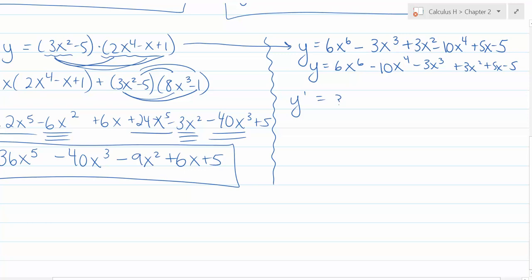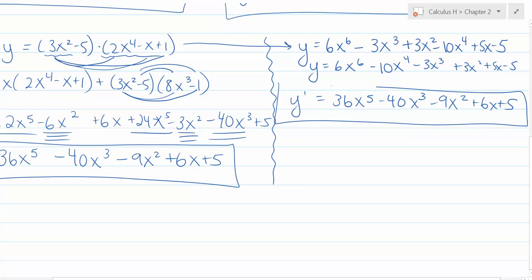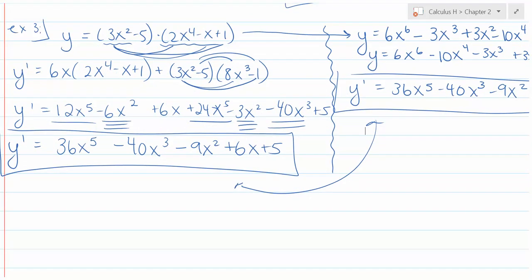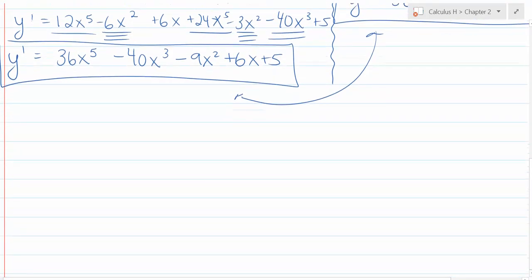All right, my derivative would be 36x to the fifth, minus 40x cubed, minus 9x squared plus 6x plus 5. Notice that it matches with our other answer. Okay, they are the same. And you can choose how you go about it unless it specifies for you to use one of the rules.